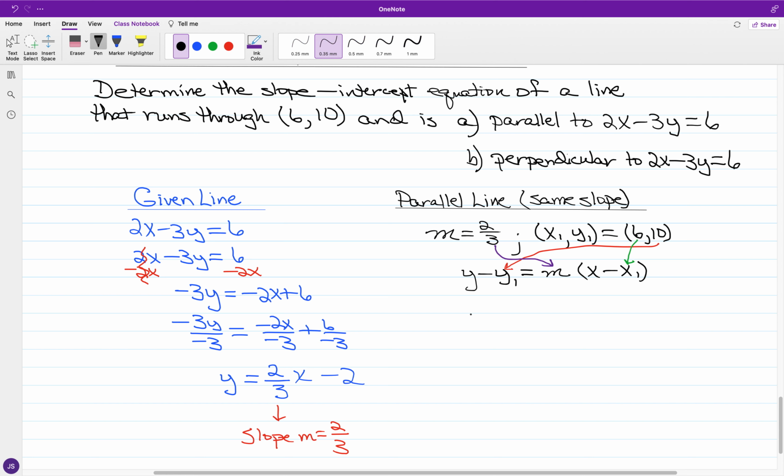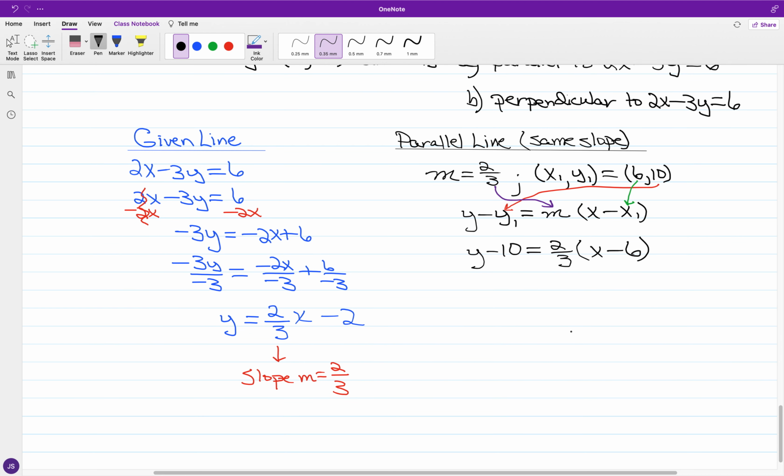So we can now substitute. We have y minus y1, so this will be y minus 10, and it's equal to the slope m, which again is 2/3, times the quantity x minus x1, which is 6. So this is the point-slope equation, but getting it in terms of the slope-intercept, I'm going to isolate the y.